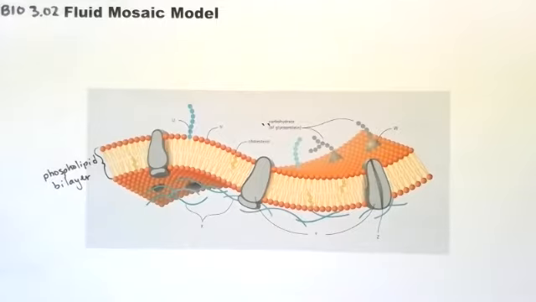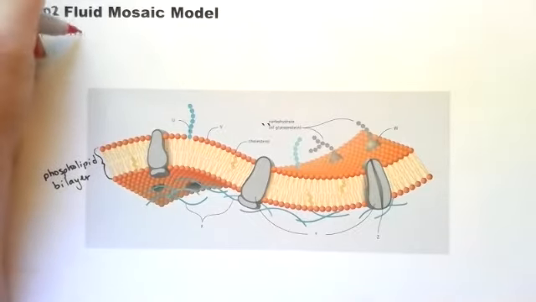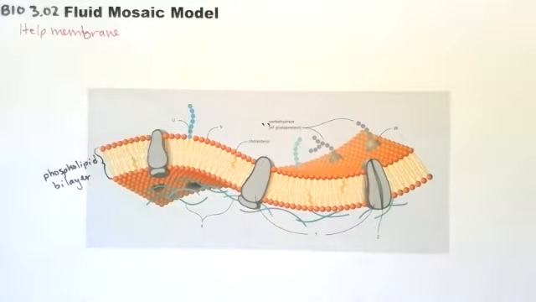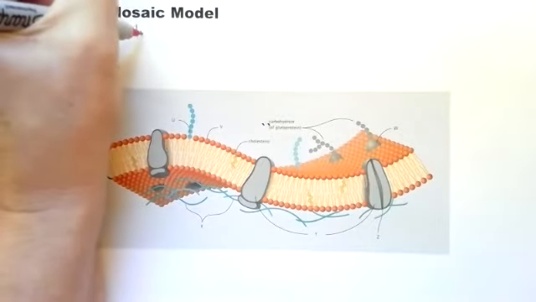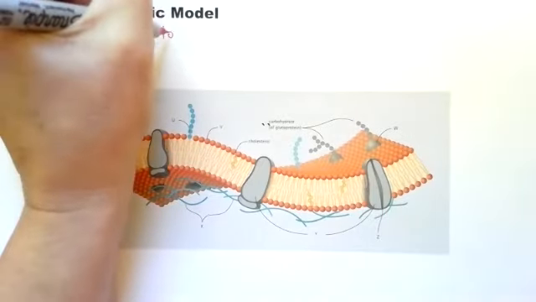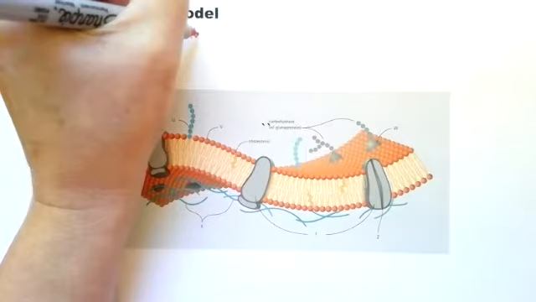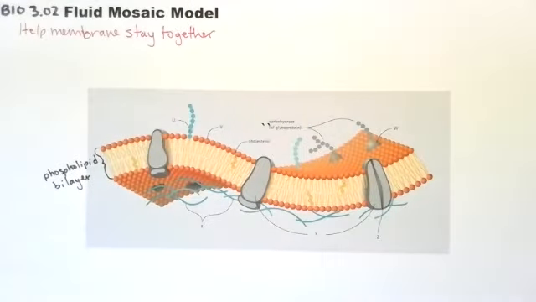So let's talk about these by category, by function. So some of these structures help the membrane, M-E-M-B-R, help the membrane stay together. And I'll color code these.